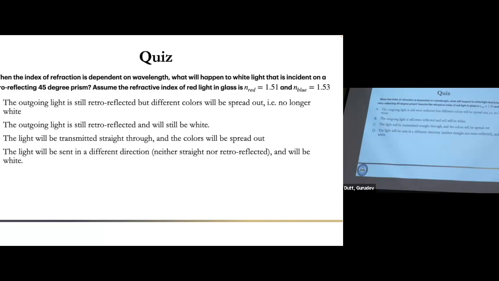It depends on the fact that different colors have different refractions. That's right. It's staying exactly, so yes, that makes sense.